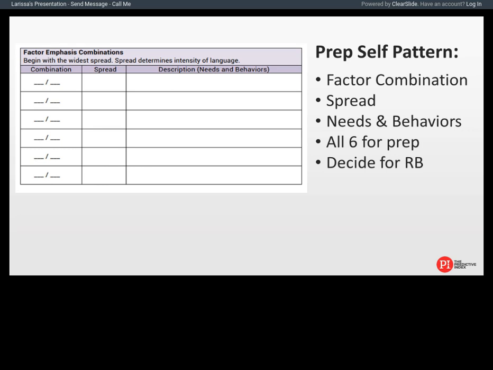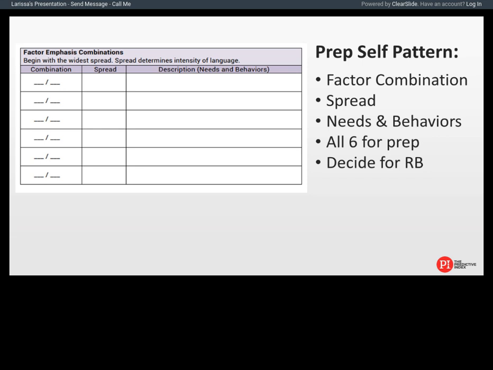And that's just personal opinion here, but I really do think this gives you the best information: those factor combinations. So there's a section here for you to go through and identify each of the 6 factor combinations and what their spread is. And again, you don't have to get too technical with that. You can just write whether it's widespread or more narrow, or just count the blocks.